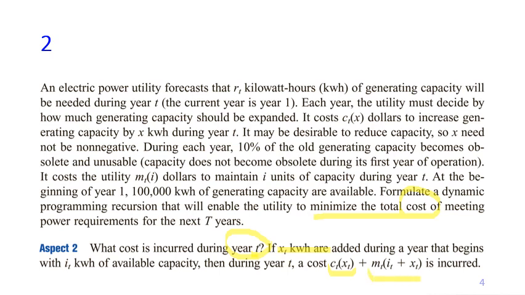The maintenance cost applies to the capacity that we already have at the beginning of the year, IT, plus the capacity that we add during the year, XT. So the maintenance cost applies to IT plus XT. Remember that the value of XT itself may be negative, but because we don't know whether it is positive or negative, we just write down IT plus XT. It's okay: if XT is positive, we have IT plus something. If XT is negative, we have IT plus a negative amount, or in other words, IT minus that amount.